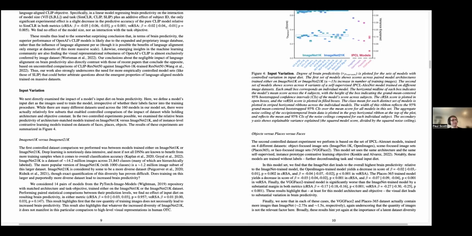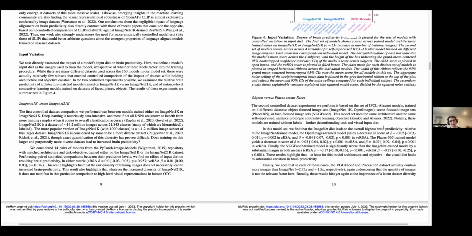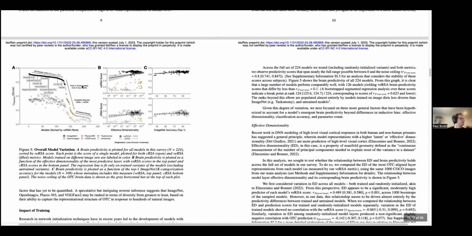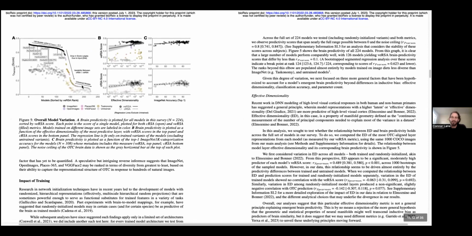You think so? I don't know if other papers have been this scientific in constraining the models they're using, in terms of all these parameters. They do a great job in this paper of isolating image diet versus task versus architecture.